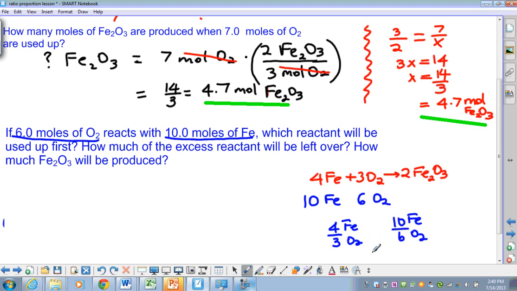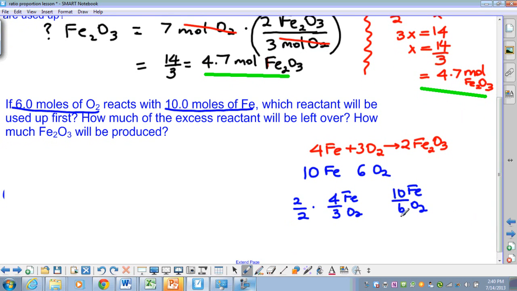Now, for this situation, we can clearly see the oxygen amount is exactly twice that. As a matter of fact, if we get the common denominators, we can clearly see that for 6 moles of oxygen, you really need 8 moles of iron. So these 10 moles of iron is in excess. We're actually going to have 2 moles of iron in excess there.